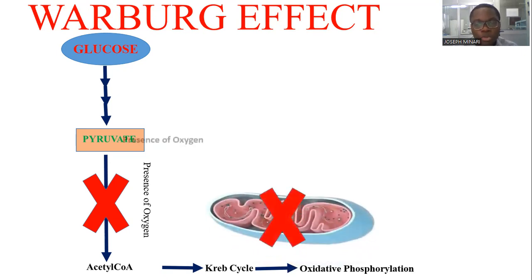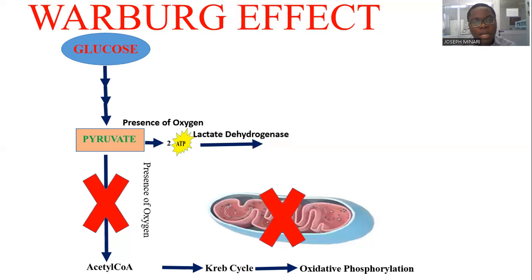There is no production of ATP along this route. Rather, in the presence of sufficient oxygen, we actually have production of ATP, the first two ATP that are produced from glucose to pyruvate.